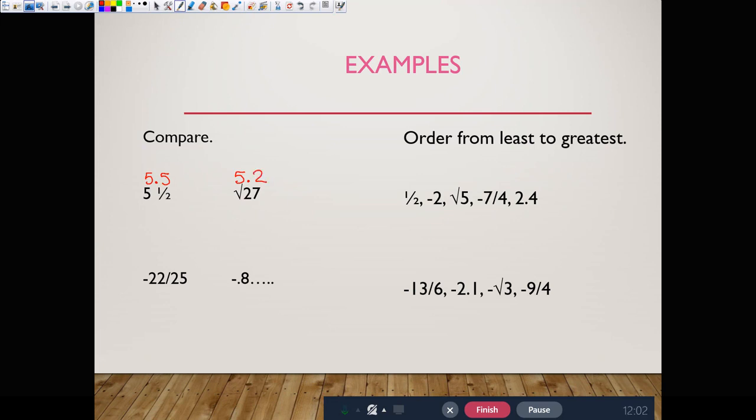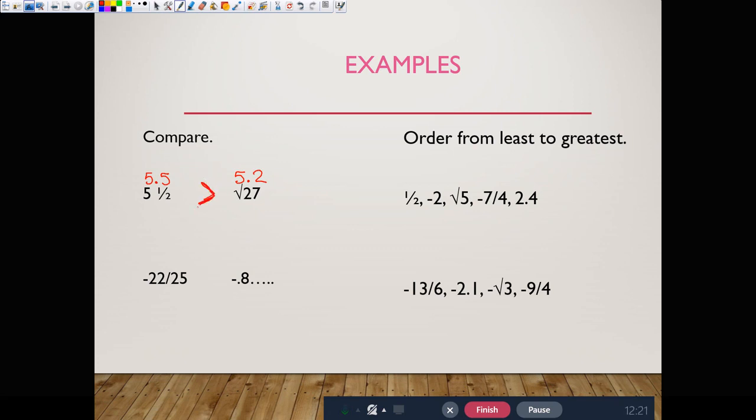I'm rounding. 5.196 makes the 9 go up, and then that rounds up the 9 to 2. Okay. So which one is larger? My 5.5 or my 5.2? 5.5. So this would be greater than.